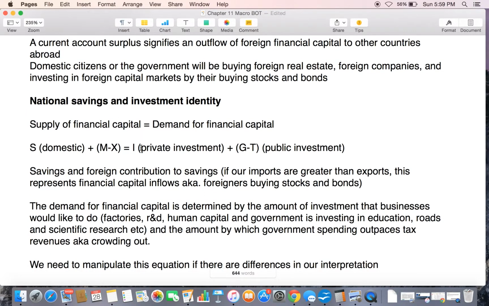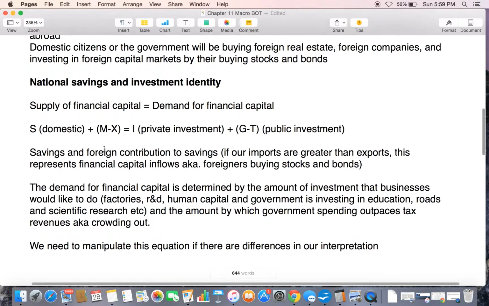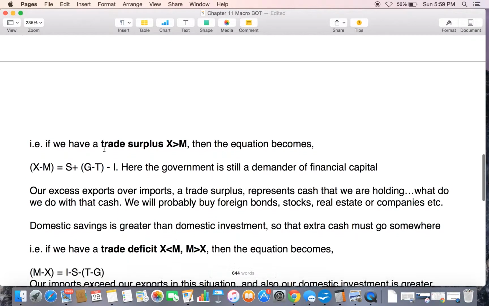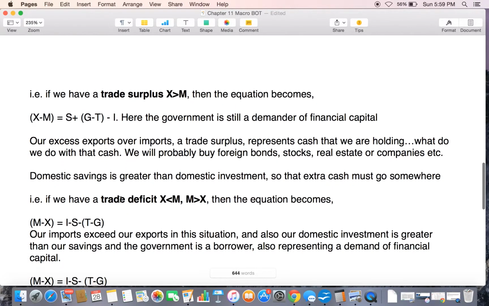We're looking at the demand for financial capital and the supply of financial capital. And we realize that whether we're in a surplus or a deficit, we might actually have to rearrange these variables to have them make sense.